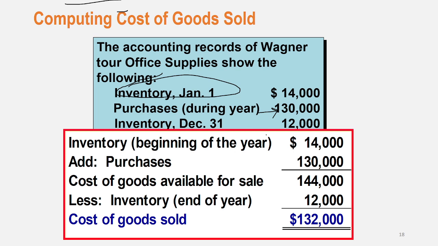So, step-by-step calculations of the final cost of goods sold. First, we need to calculate the cost of goods available for sale.